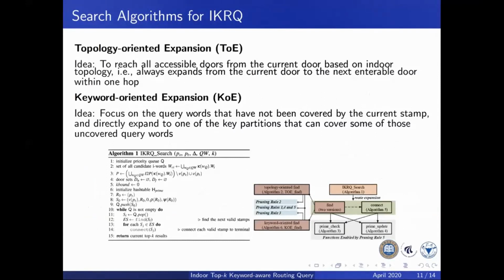Then the algorithm can be like this. First, we initialize a priority queue that is used to control the order of row expansion. In lines 2 and 3, we obtain a set of all candidate I-words with reference to query keyword list QW and compute a set P of all key partitions that cover at least one keyword in QW.